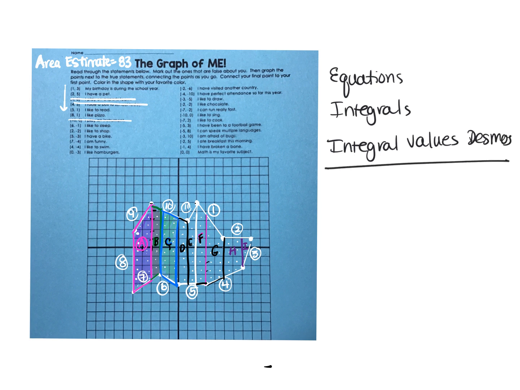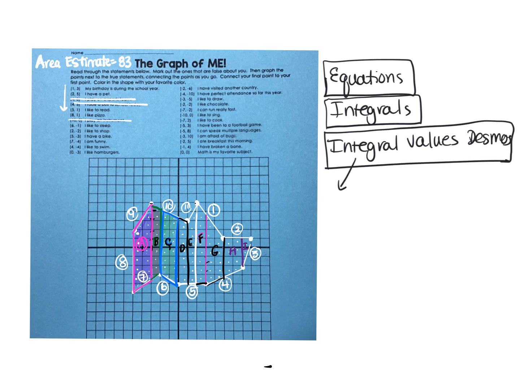I need to have the equations clearly written out, and they need to be supported like mine were. I need your integrals to be clearly written out so that I can quickly check that. And then your integral values that you're finding from Desmos, I need both the value and I need the Desmos. So the Desmos you need to share with me, and you will send me a link.